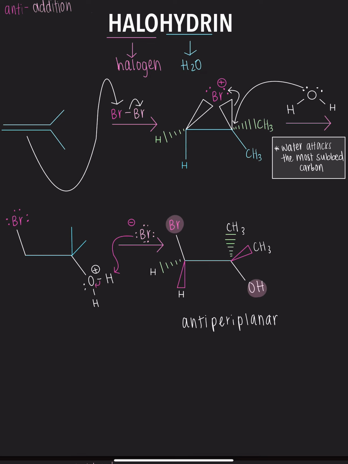But notice that for this one, I don't have chirality, so that's why I'm not forming any enantiomers. But the way that I have it drawn is correct, and you will see it drawn that way because it's referring to the bromine and the OH being antiperiplanar. Think of it like they're 180 degrees apart.